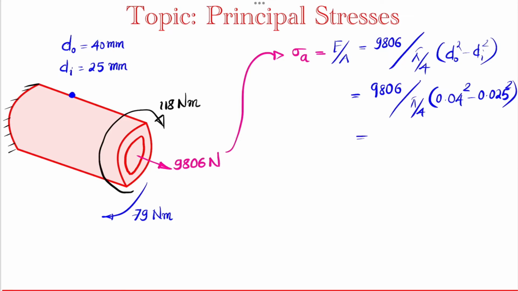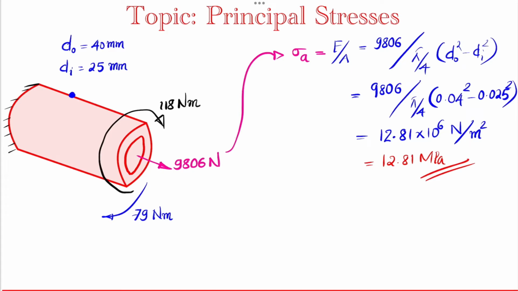So I can simplify this and you will be getting this value as 12.81 into 10 raised to 6 Newton per meter square. This is equivalent to 12.81 megapascal. So this is the value of axial normal stress due to the force 9806 Newton.